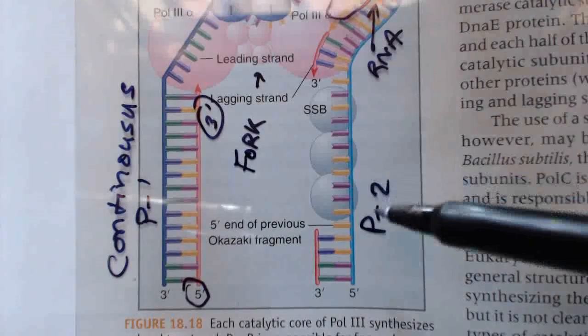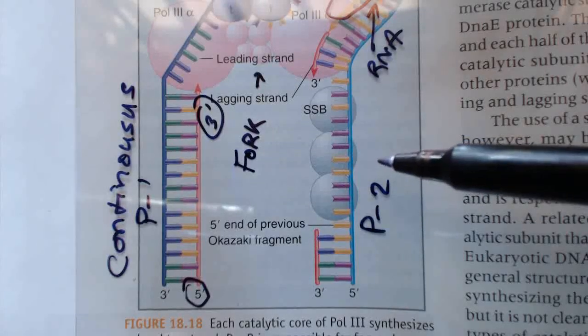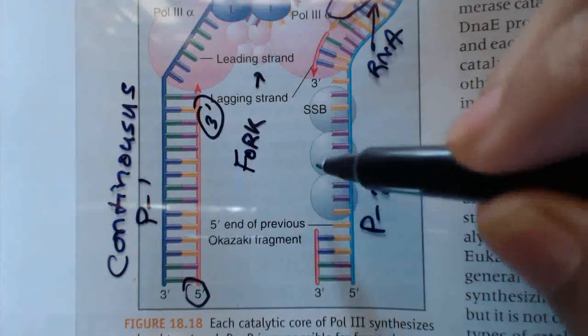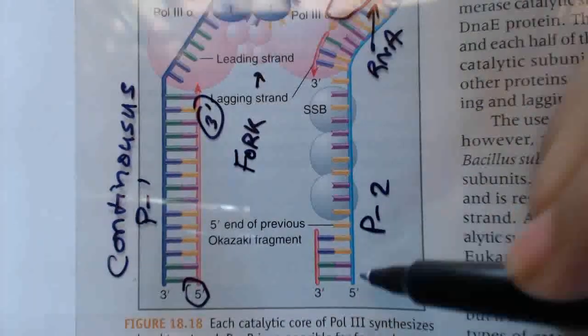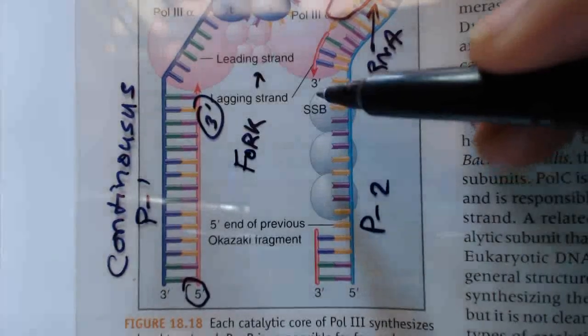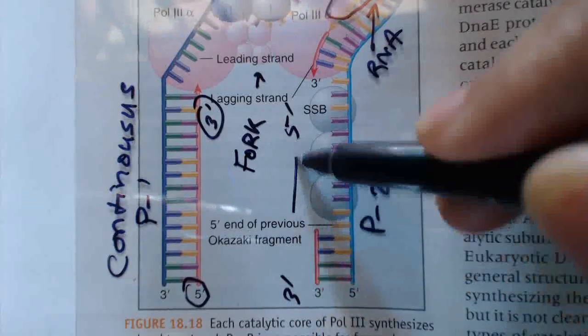But if we look at the other strand, parental strand 2, to synthesize this strand we need to do the opposite orientation. Why? Because the parent strand is itself 5 prime to 3 prime, and the only way to add the complementary strand is 5 prime here, 3 prime here, right?